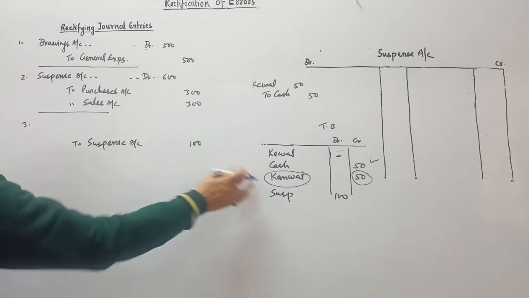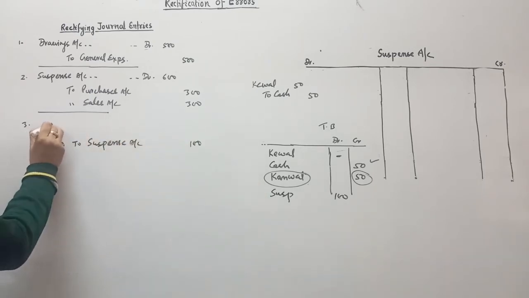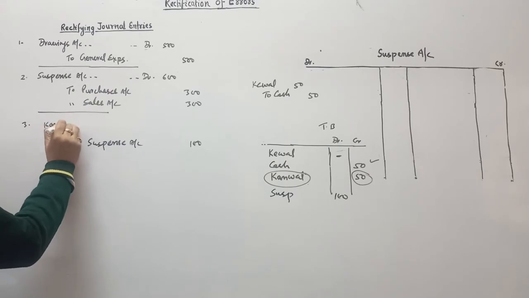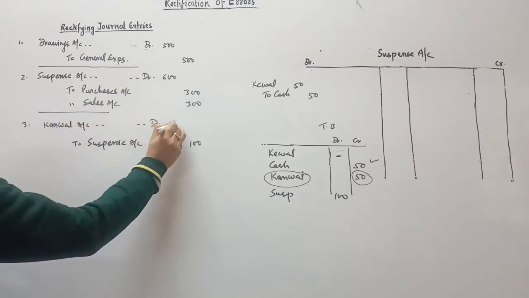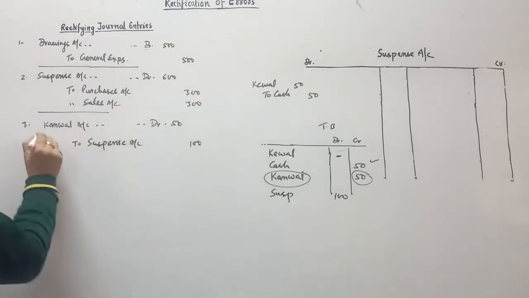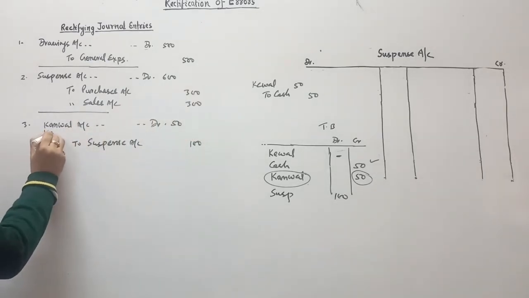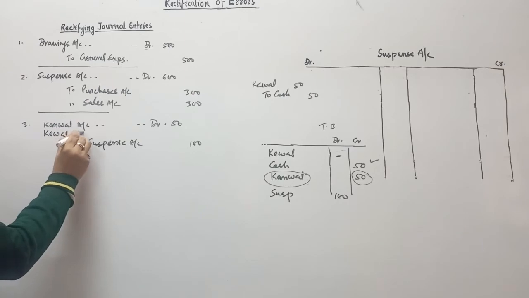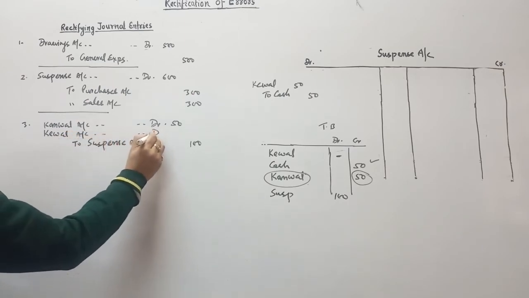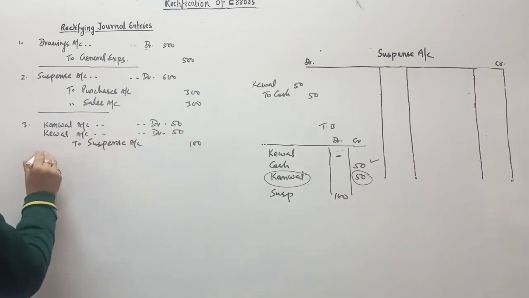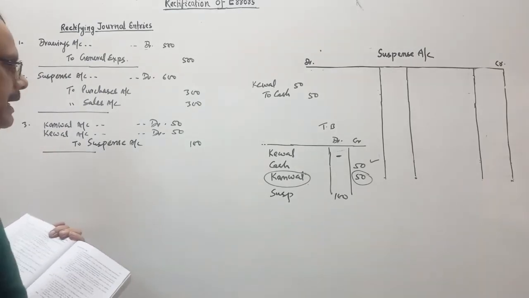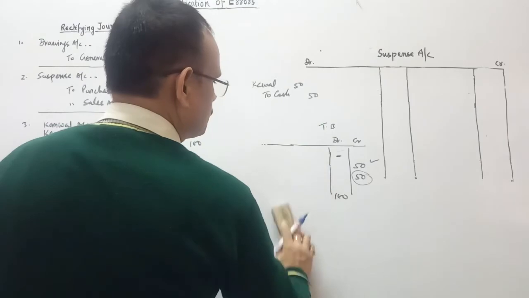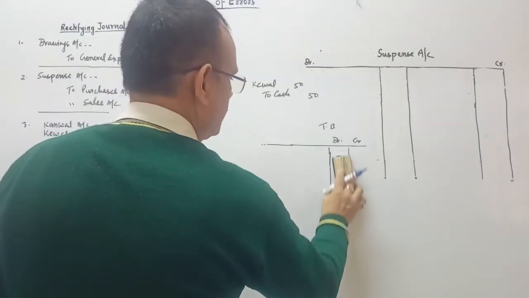Second, Kanwal account, which is credited, has to be cancelled, 50 rupees, and Keval will be at the right position. Keval account will be debited by 50 rupees. So Kanwal account debit, Keval account debit to suspense account.